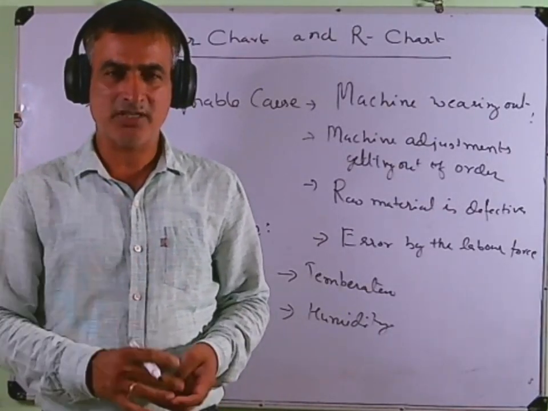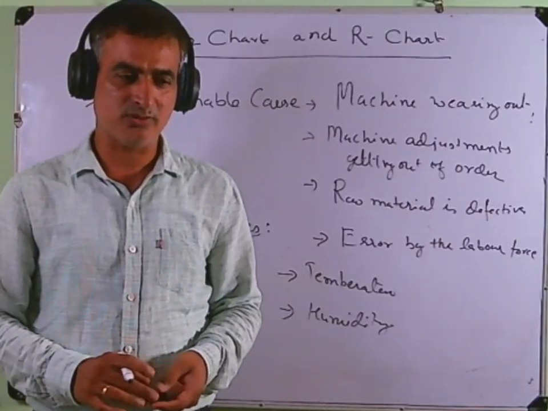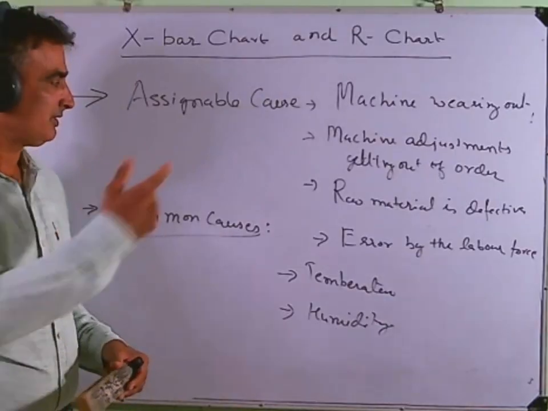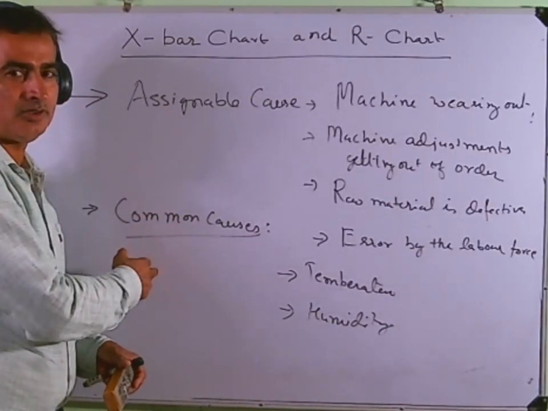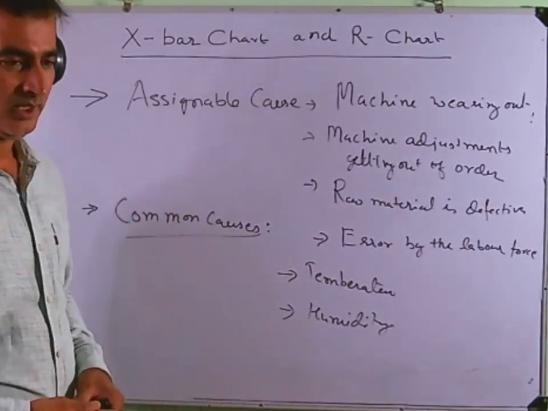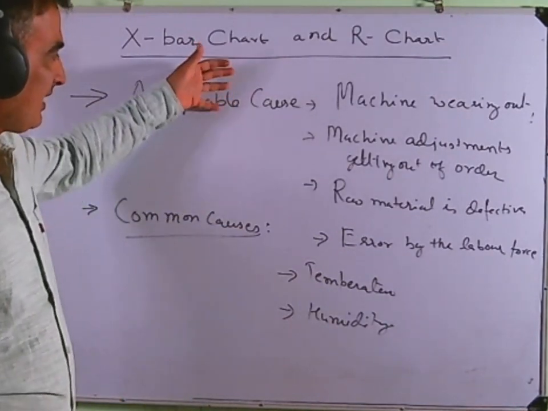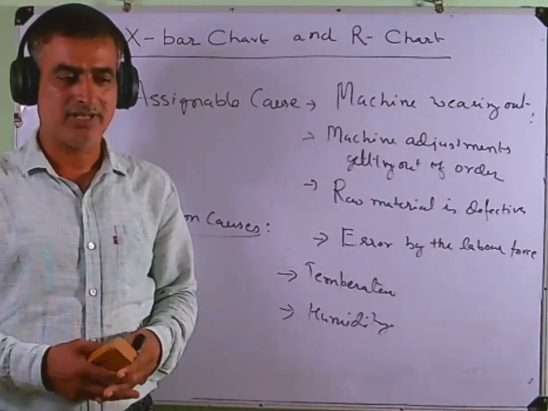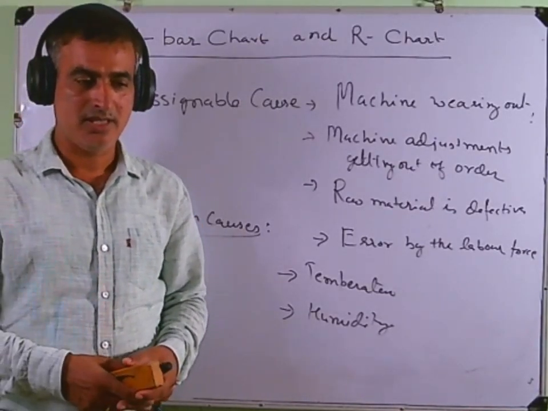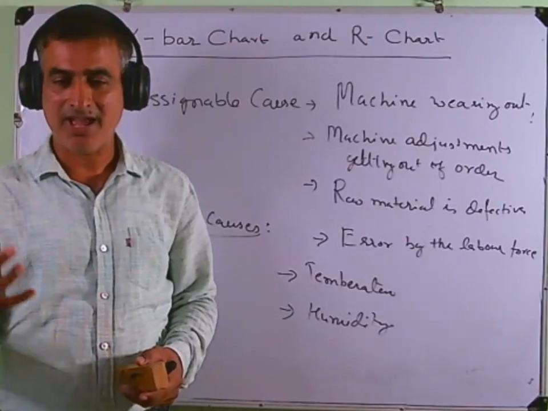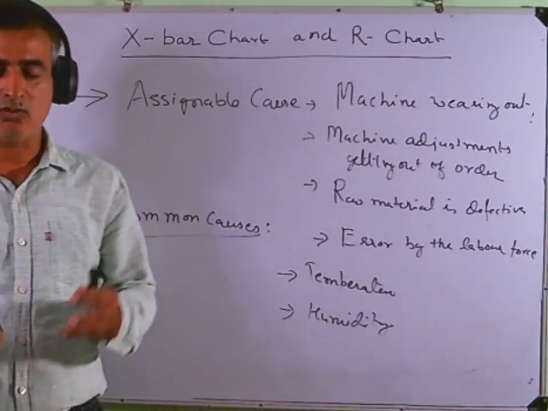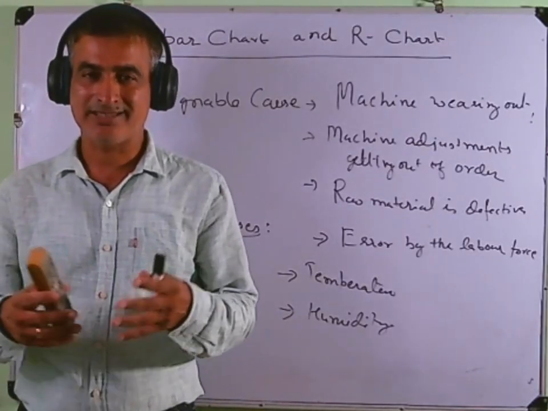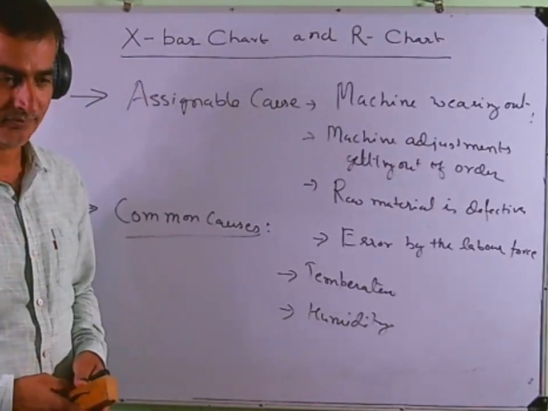The main objective of statistical process control is to determine whether variation in output is due to these assignable causes or these common causes. Whenever assignable causes are detected, we can conclude that the process is out of control, and in that case, corrective actions would be required to bring the process back to an acceptable level of quality.